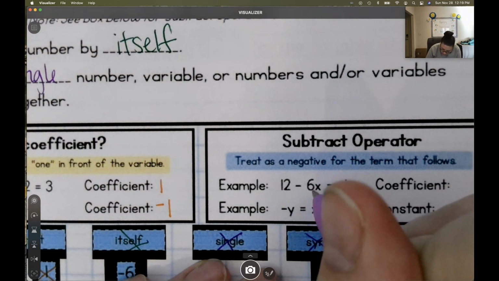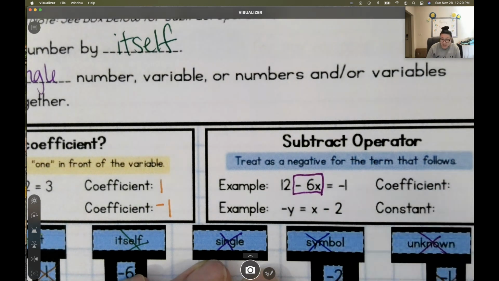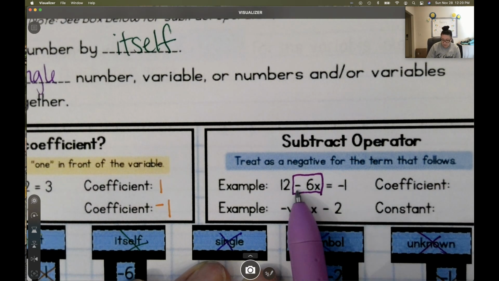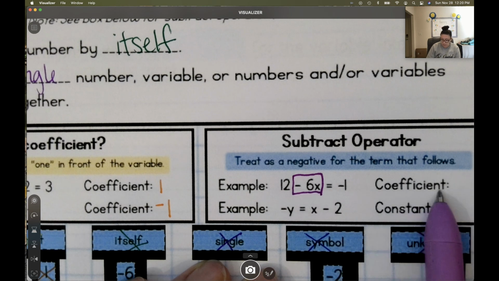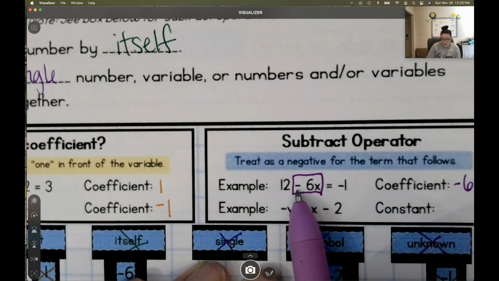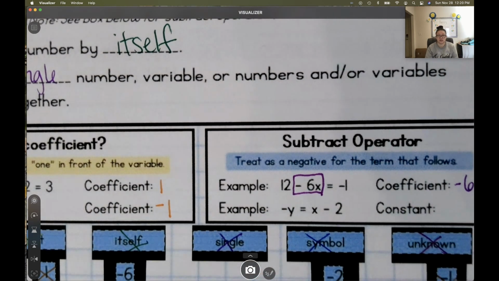This term, 6x, has to include this negative, the sign, the operation in front of it. So here, my negative 6x, my coefficient is really negative 6. It looks like a minus 6x, but that minus is part of the term, which makes it a negative 6.